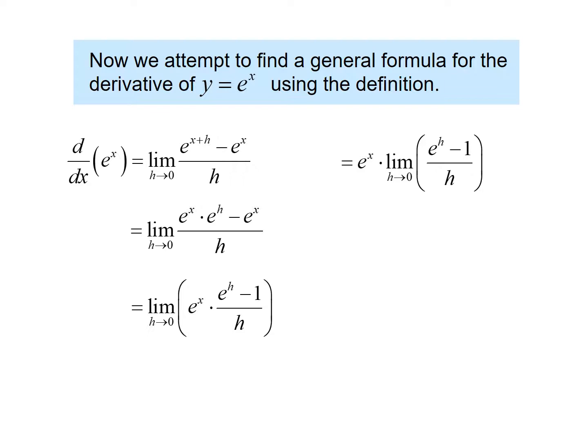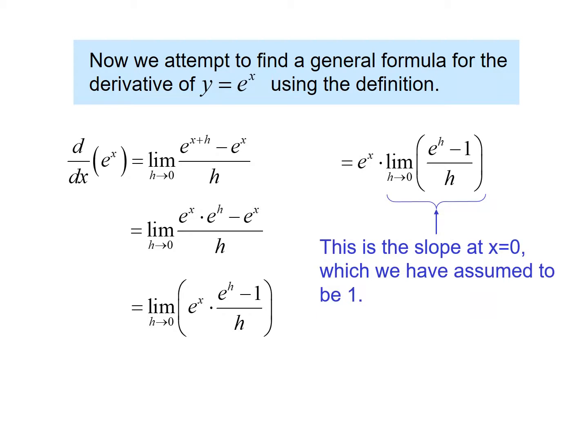And since e to the power of x doesn't depend on h at all, that can come to the outside of the limit. And we should then notice that this limit right here is our definition of derivative of e to the power of 0, or e to the power of x when x equals 0. And we said on the previous page that that's 1. So the derivative of e to the power of x is e to the power of x.